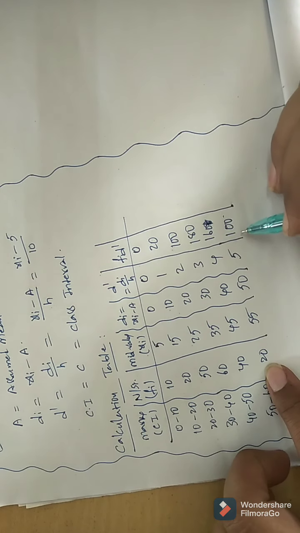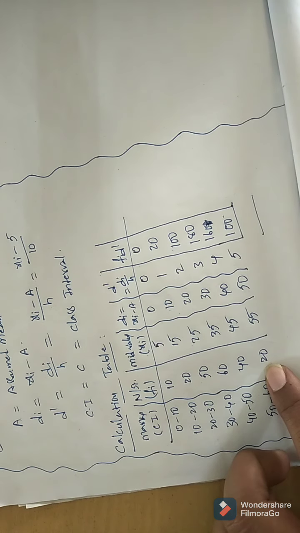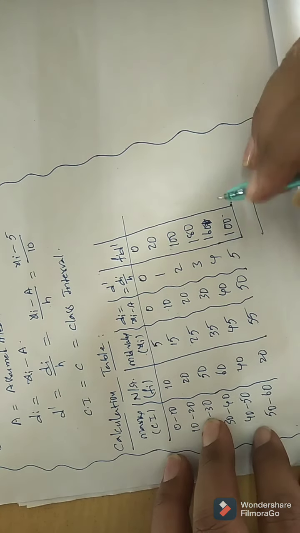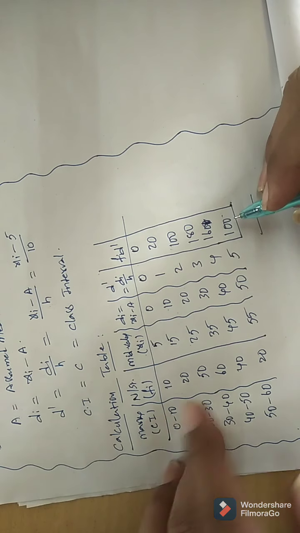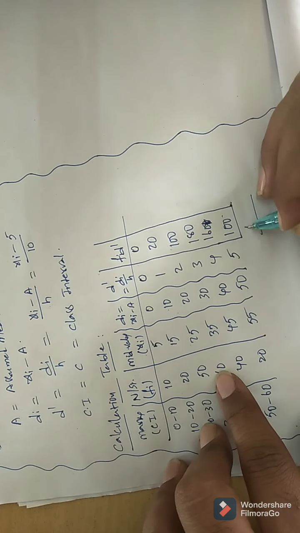Now we take the total. The total is going to be 560.